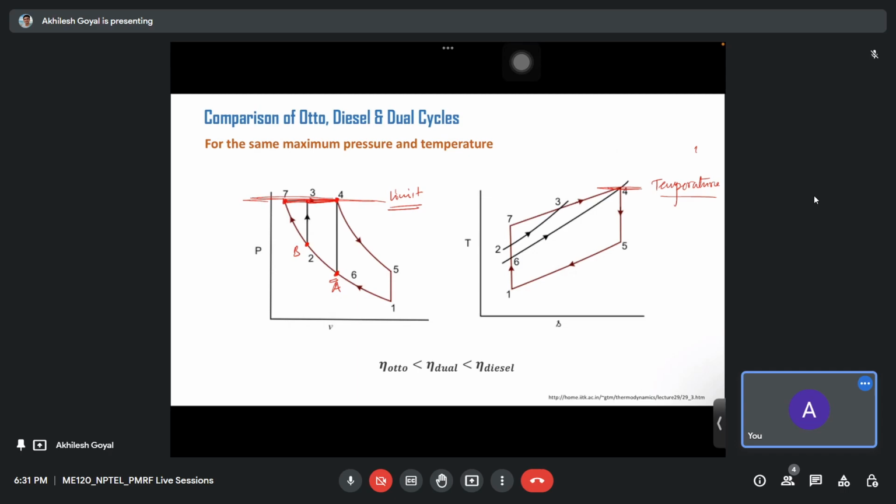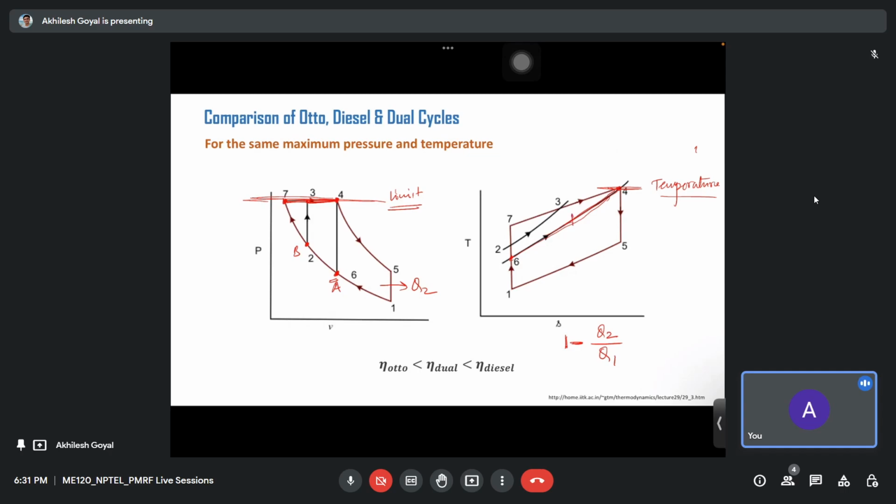So for these limitations for maximum temperature and pressure, again the heat rejected Q2 is the same, and the efficiency of cycles will vary or depend on heat addition. So for heat addition, let's see the TS diagram. So we can say this point 6 to 4 shows the Otto cycle, constant volume process.